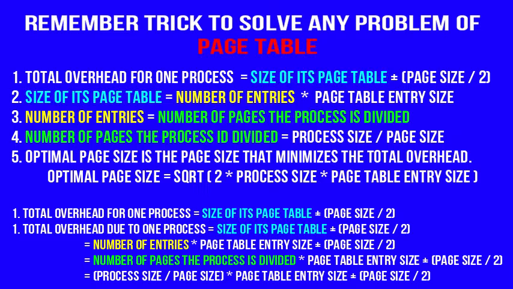Number of entries is also given in formula number 3: number of pages the process is divided into, into page table entry size, plus page size by 2. And number of pages the process is divided into equals process size by page size, into page table entry size, plus page size by 2.